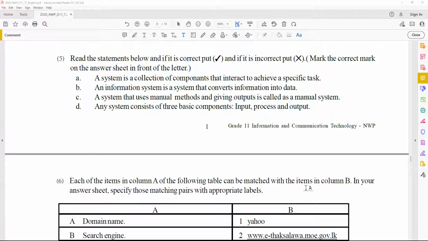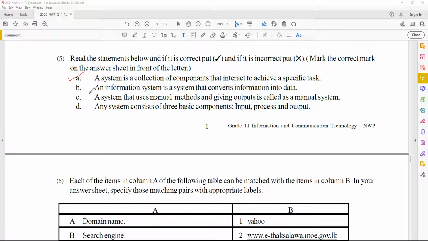A system is a collection of components that interact to achieve a specific task. True. Right and wrong answers. So you can say that is correct.